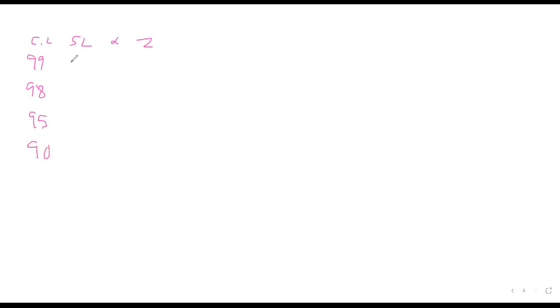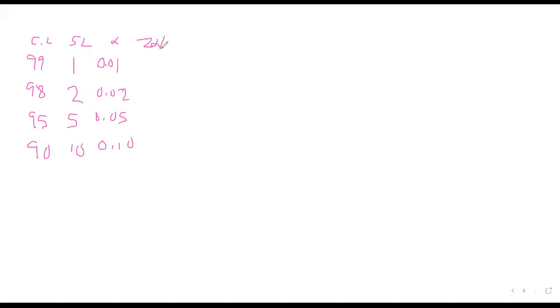The significance level is the difference from 100: 1, 2, 5, 10. So now alpha is 0.01, 0.02, 0.05, 0.1, when you divide these by 100.